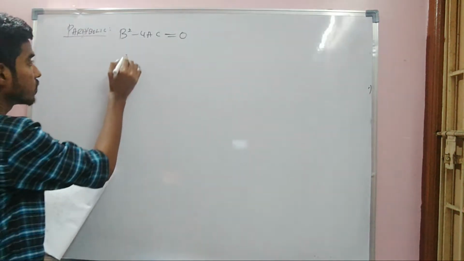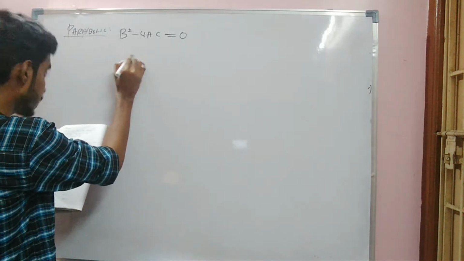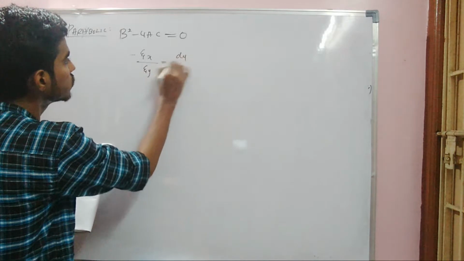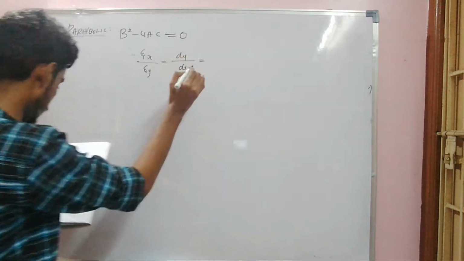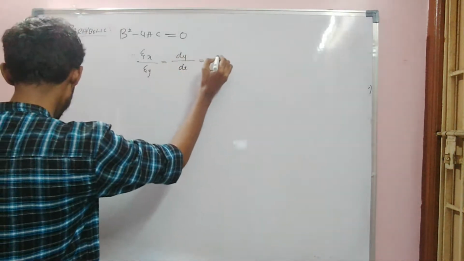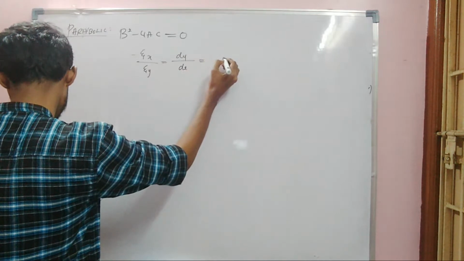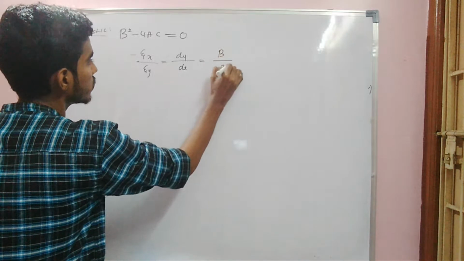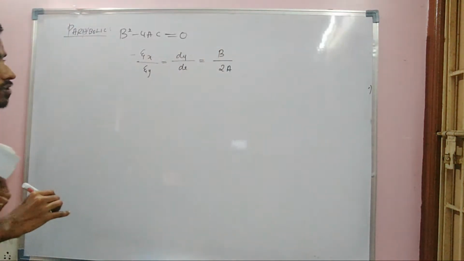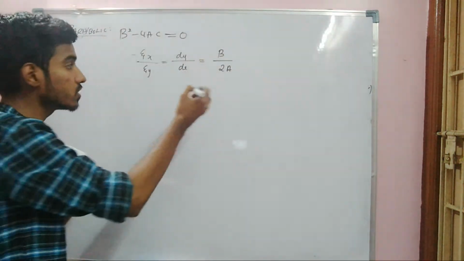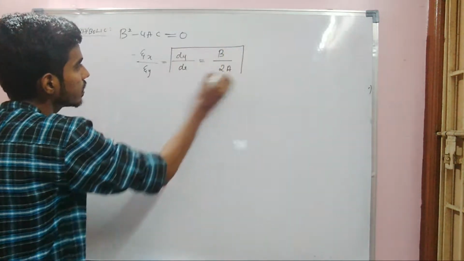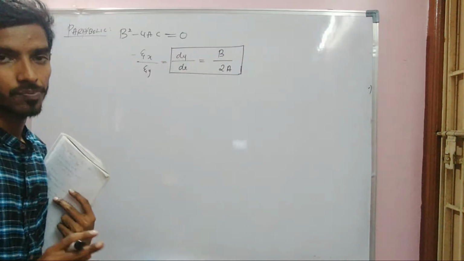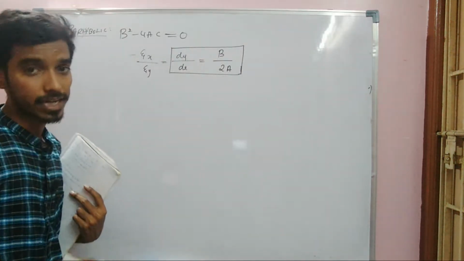Now we are going to use the first formula, that is minus theta x by theta y is equal to dy by dx is equal to b by 2a, that's it, right? Since here b square minus 4ac will be 0, we will use this formula to find the first characteristic. When you integrate this, you will have c1, but you need to find another characteristic also, right?